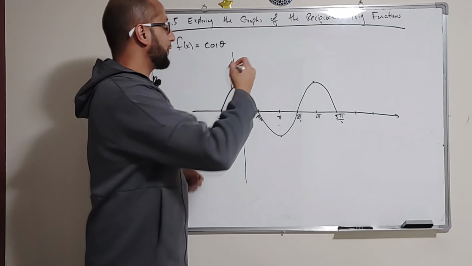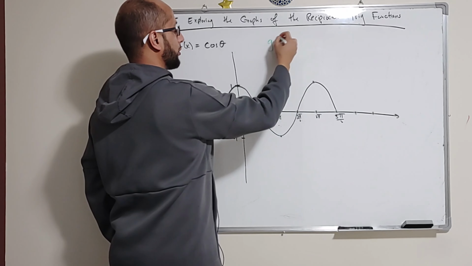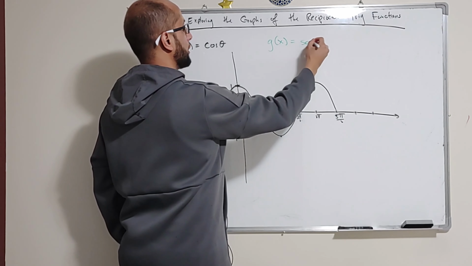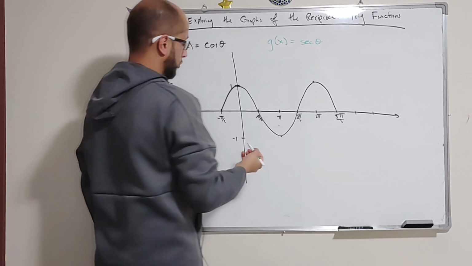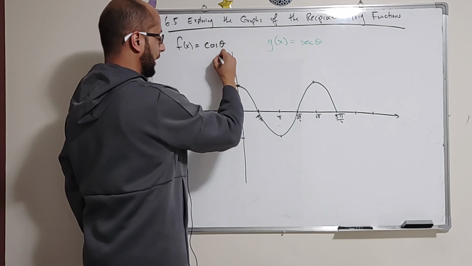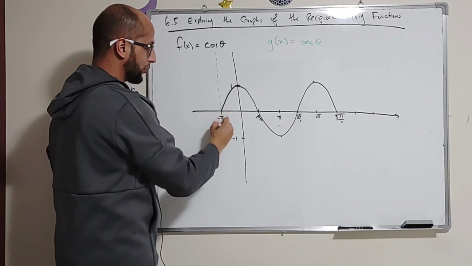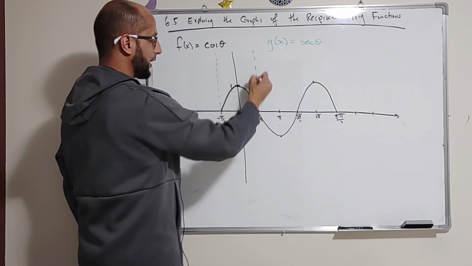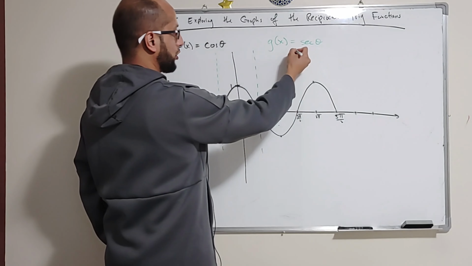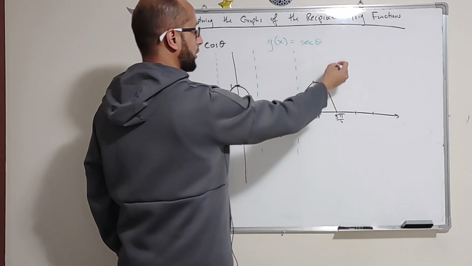In order to graph the reciprocal, which we'll label as g of x equals secant theta, first we start with our asymptotes. Wherever our original function passes through the x-axis, the reciprocal function has a vertical asymptote.